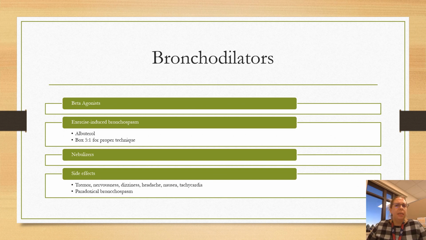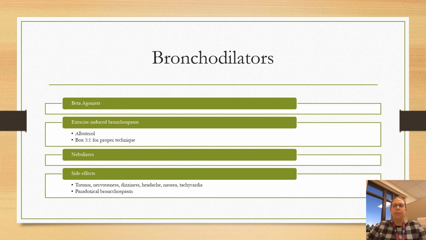Nebulizers are nice because they're machines that use air pressure to aerosolize that drug, and that delivers the quickest onset of action and actually maximizes the amount of drug that is absorbed into the person's lungs. When we think about side effects, albuterol can cause tremor, and really all the bronchodilators can cause tremor, nervousness, dizziness, headache, nausea, and some tachycardia.